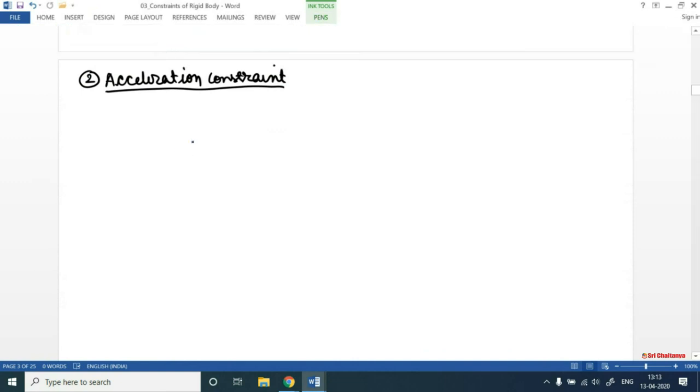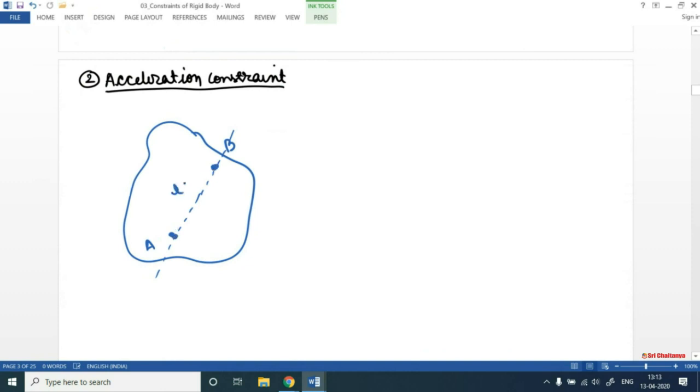So let's say we have a rigid body, and we have selected two points A and B on that rigid body, and this is the line joining points A and B, and their instantaneous separation is L. The acceleration of point A is AA, and the acceleration of point B is some AB over here. AA is making an angle theta A with this, and AB is making an angle theta B with this.